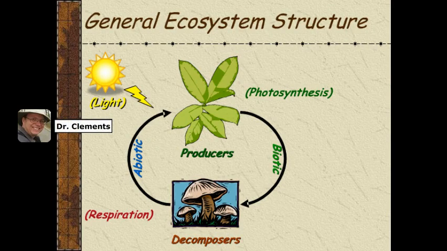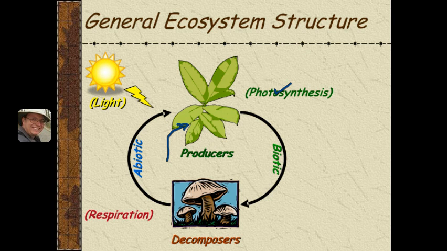So we've taken materials from the abiotic and put them into the biotic part of the system through the process of photosynthesis, and now the carbon and oxygen and nitrogen and phosphorus and all those wonderful things are over here in the biotic part of the system. But because the matter cycles, we have to eventually put it back.